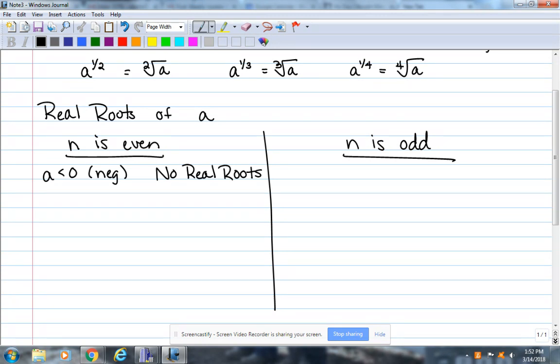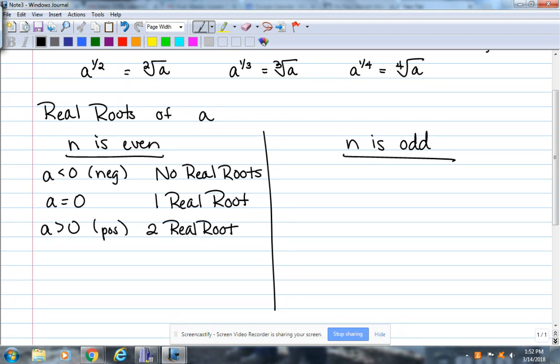You can with odds, but you cannot with an even index. If you have a 0 under the radical, you will have 1 real root. If your A term is a positive number, you will have 2 real roots. Because remember, we have plus or minus the nth root of A.